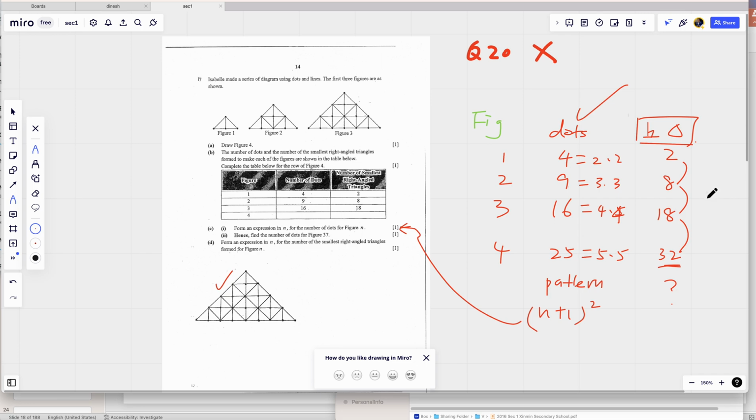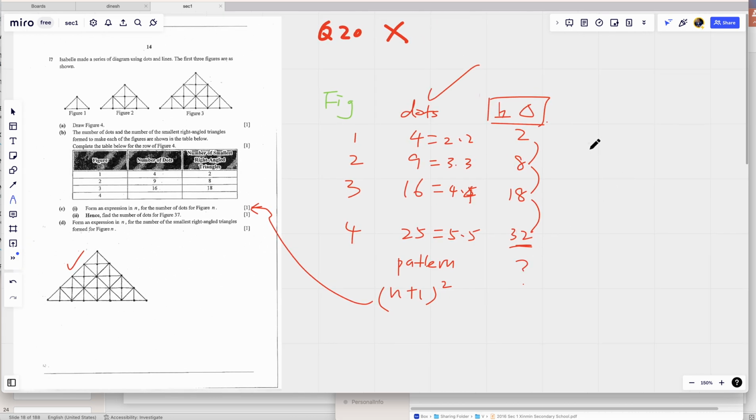Wait, hold on. Is it 2n squared? No. Why not? Why yes? Look, 2 times 1, 2 times 4, 2 times 9, right? 2 times 16, right? So how is it related?